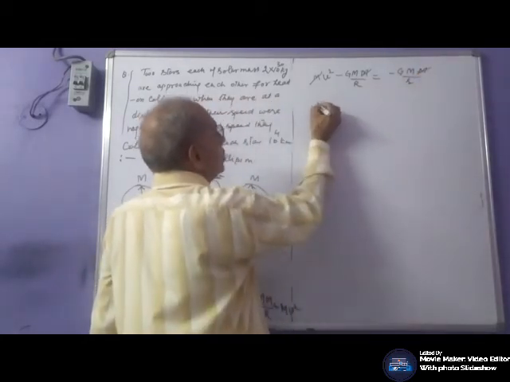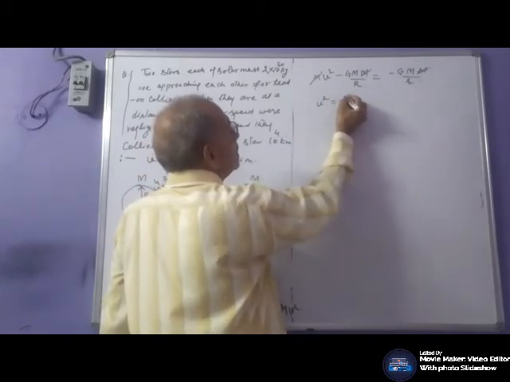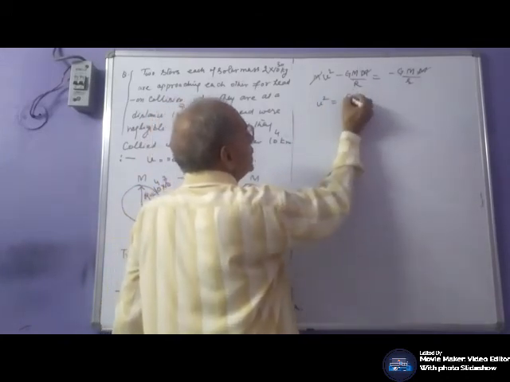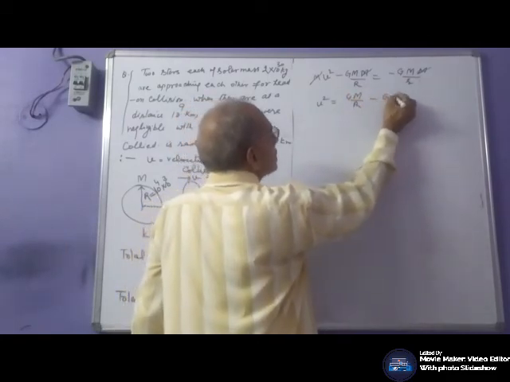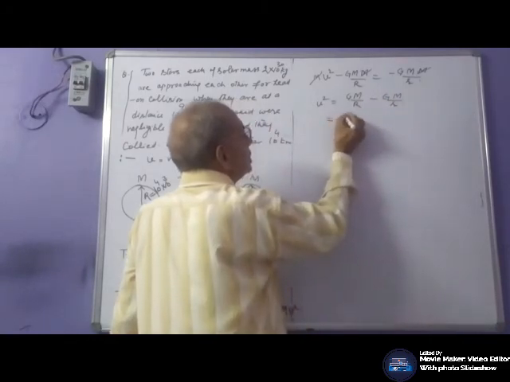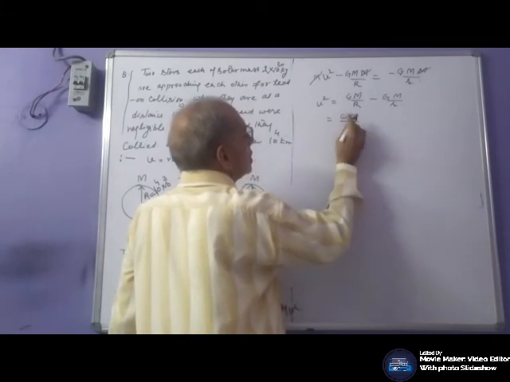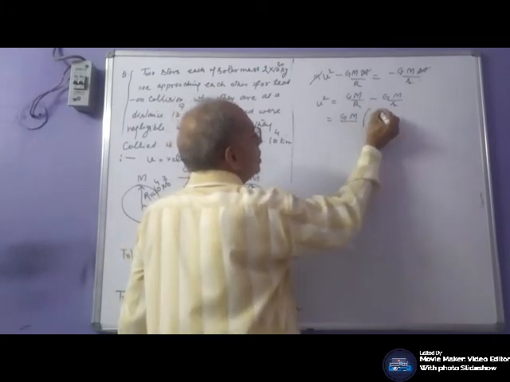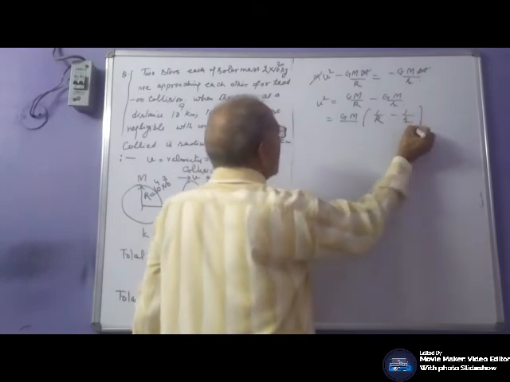Cancel out. Take this to this side: v square equals G M times 1 by small r minus 1 by R.